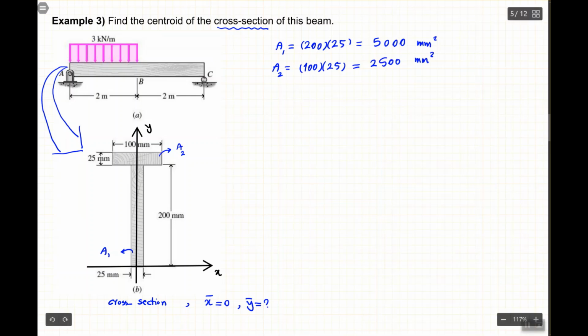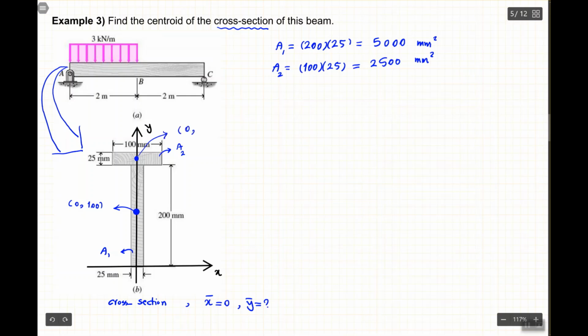So what is the centroid of the first area? Well, it can be something around here. What about the second area? Well, it's obvious, it's over there. So the coordinate of this one is 0 and 100, and the coordinate of the other has to be 0.